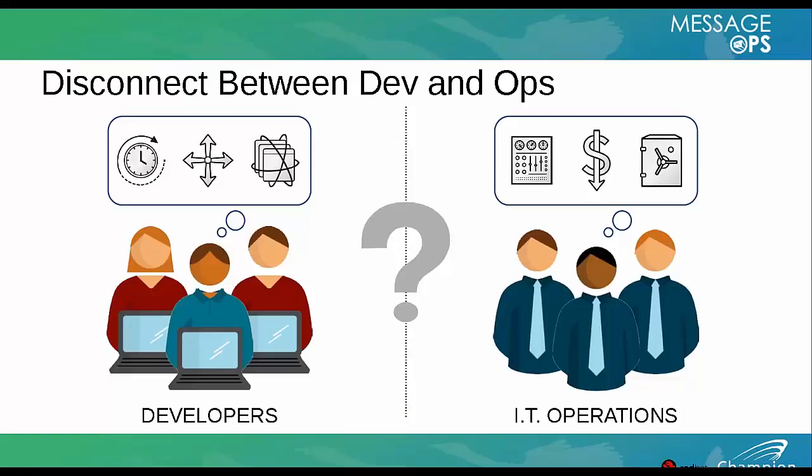And the operations team, they're in charge of maintaining everything and keeping it all up and running. They're the guys who live and die by the 5 nines, 6 nines, 7 nines, depending on their environments.